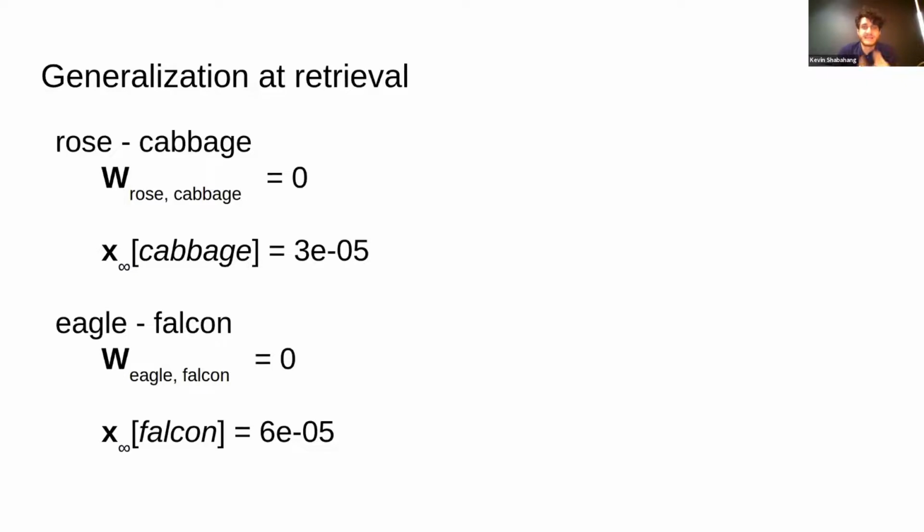But if you look at the steady state of the network after you cue with rose, then the activation for cabbage is non-zero, which means these associations are emergent. You get the same kind of thing with eagle and falcon.